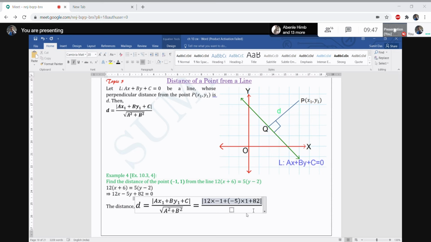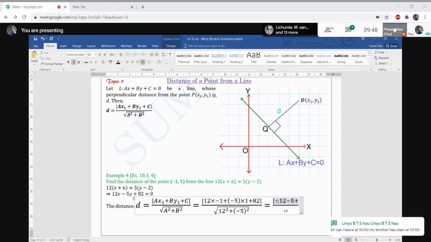Modulus sign divided by the square root of a square plus b square. What is that? 12 square plus minus 5 square. If you simplify this, the denominator will be root over 144 plus 25, which is 13. The numerator will be inside the modulus: minus 12 minus 5 plus 82.